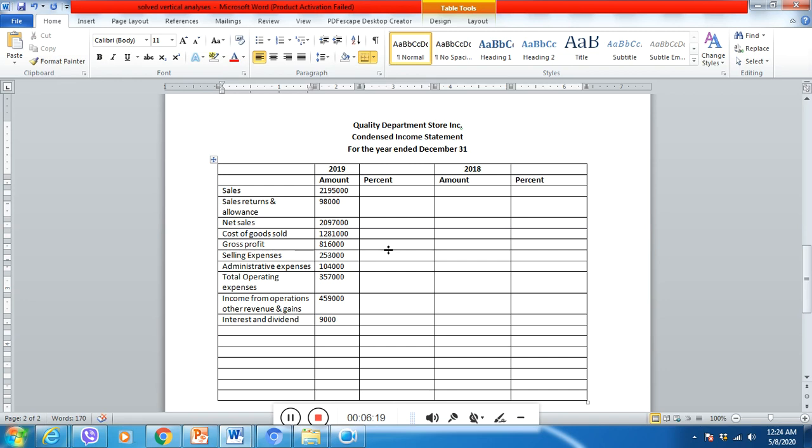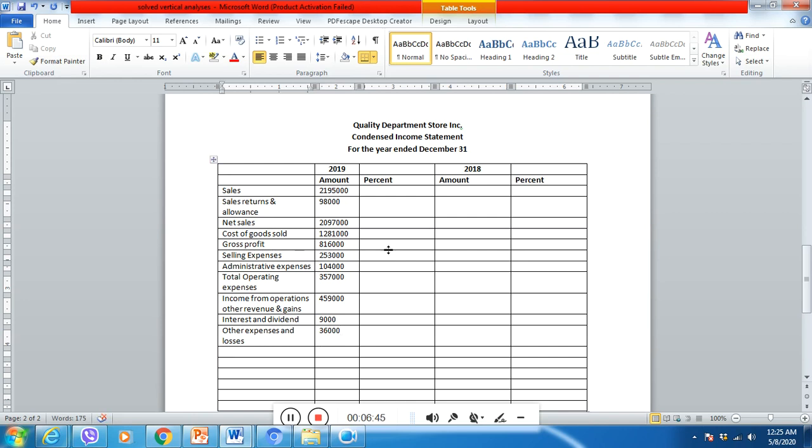Next is other expenses and losses, interest expenses, 36,000.